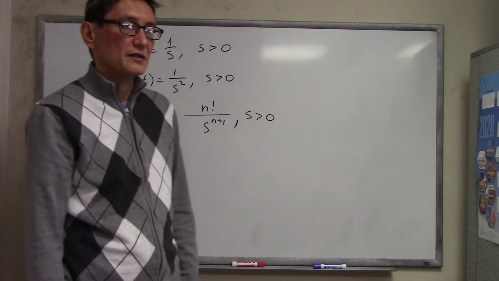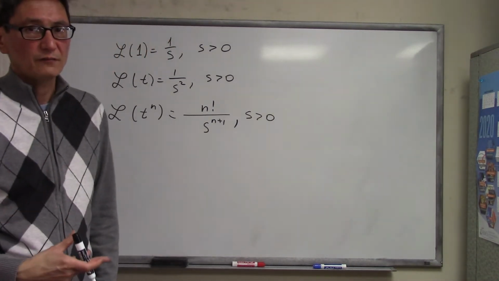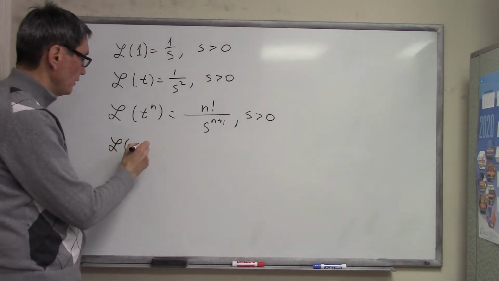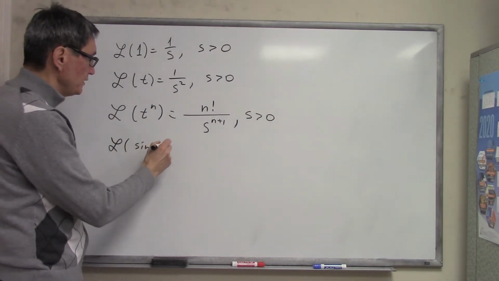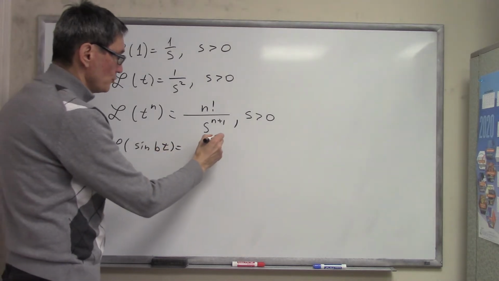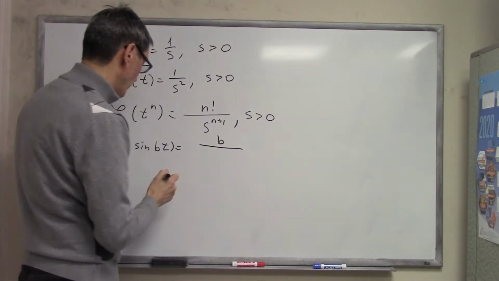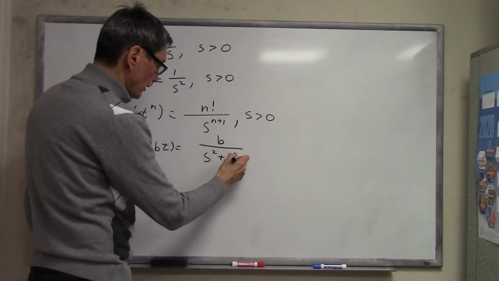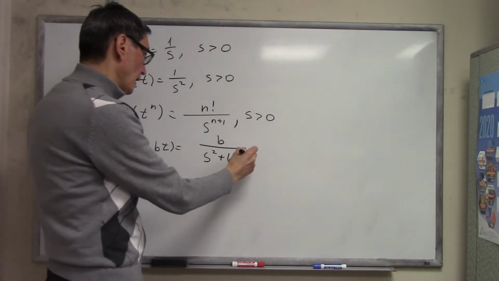We also can find Laplace transform of sine and cosine functions. So Laplace transform of sine of bt equals b over s squared plus b squared. S is positive.